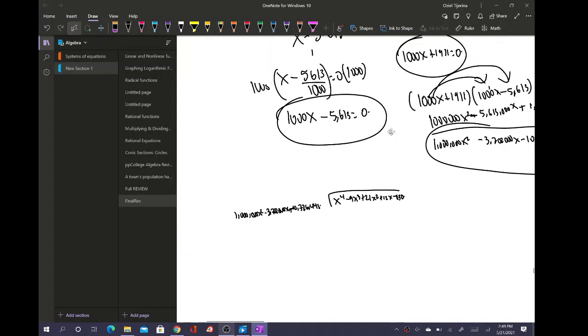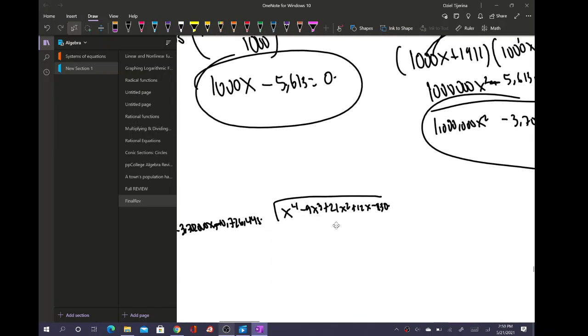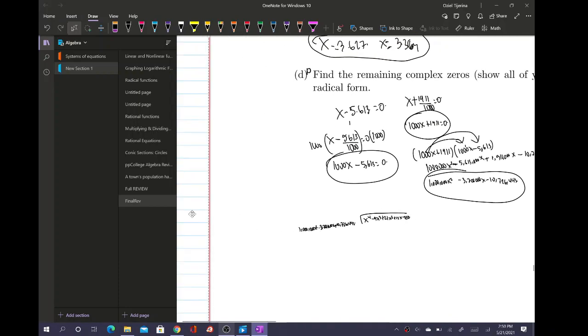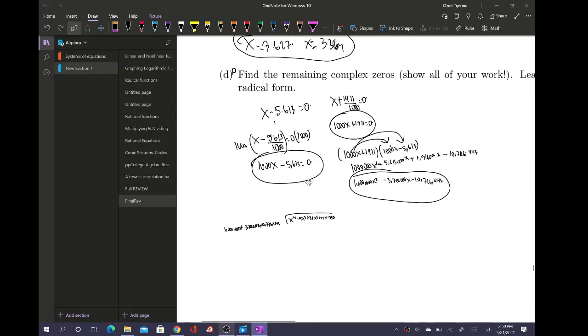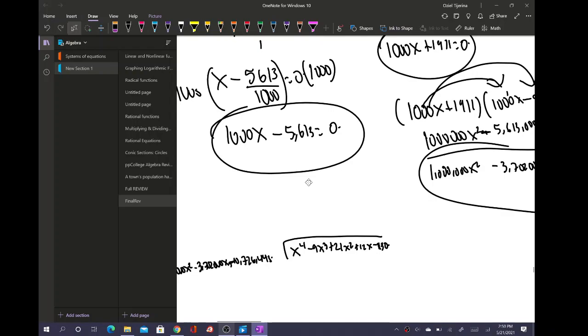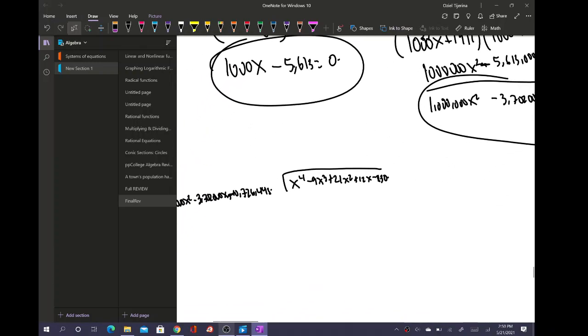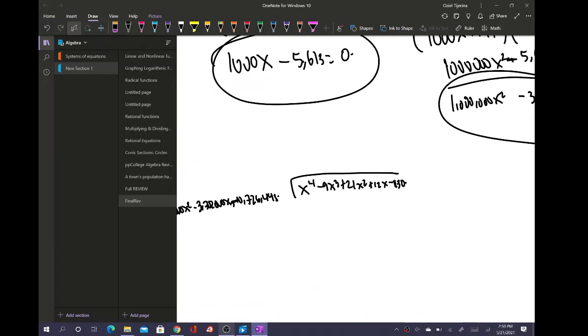This problem is a little crazy. I won't lie. So forgive me if I am making it a little more complicated. This is a very tough problem. So obviously we know two of our zeros, right? They want us to find the remaining two zeros.